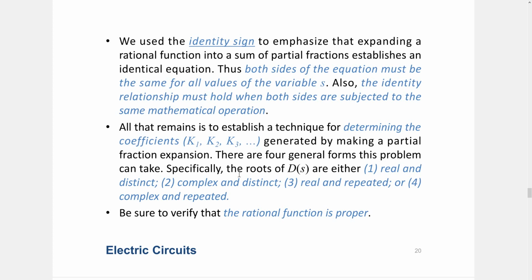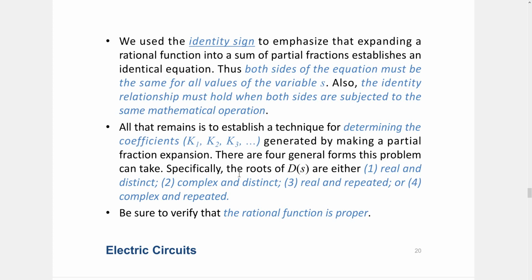All that remains is to establish a technique for determining the coefficients. Now, the coefficients are currently unknown. We can make our journey from time domain to frequency domain and frequency domain to time domain; we have charted our map basically. We can navigate, but we still need to identify those coefficients.